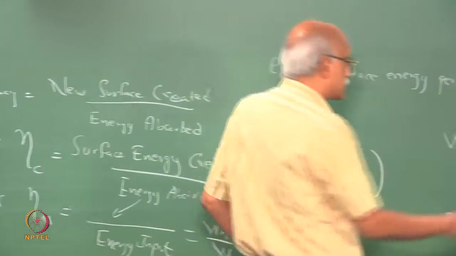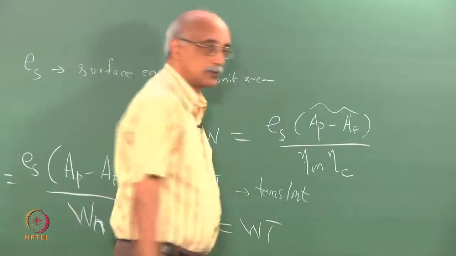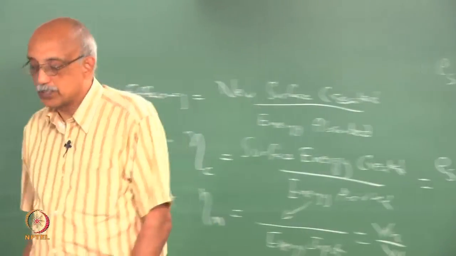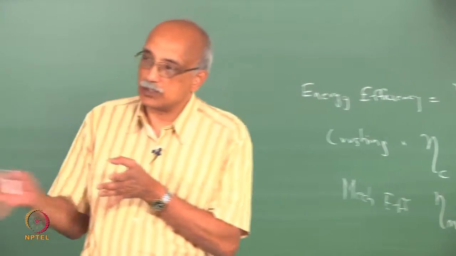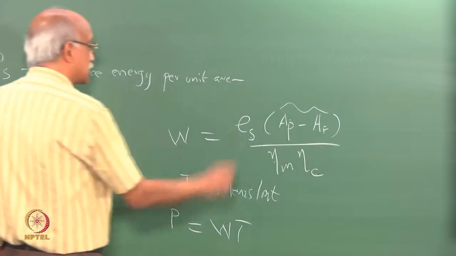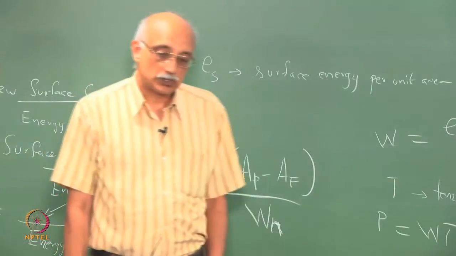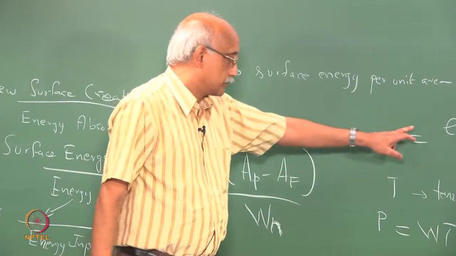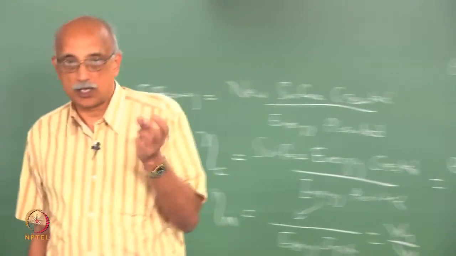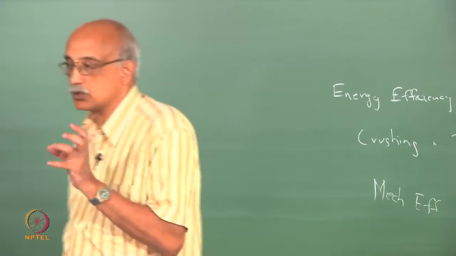Now, this difference obviously you want to keep it as high as possible. I mean, the whole idea in size reduction is to have a much finer product compared to the feed. So, you try to maximize the term within the parenthesis, you try to maximize this, you try to maximize this. So, in the numerator, again the surface energy is the one term that you can have some control over.